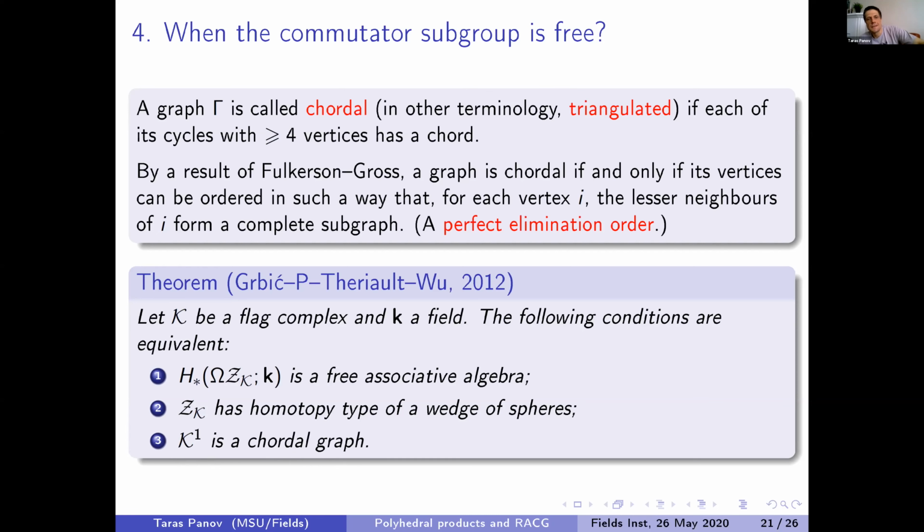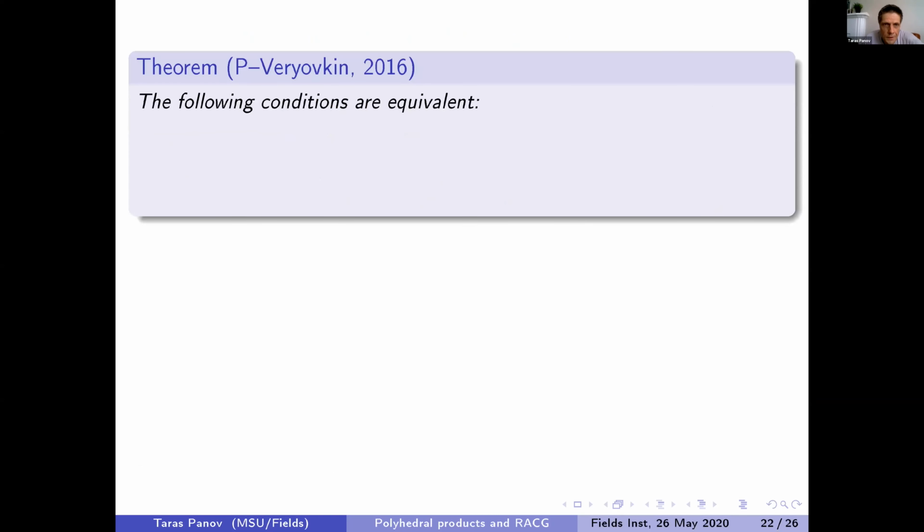And then there is a similar statement for graph products of discrete groups. This is also our theorem with Berezovkin. Now you look at the commutator subgroup, or in the more general case, the Cartesian subgroup in your graph product, the kernel of the map to the direct product. It's an abelianization, but all the G_i are abelian.